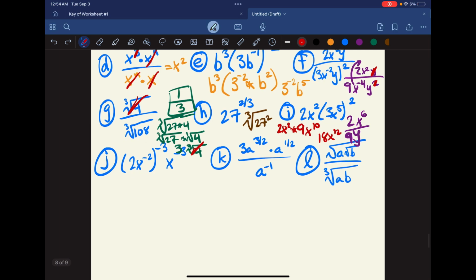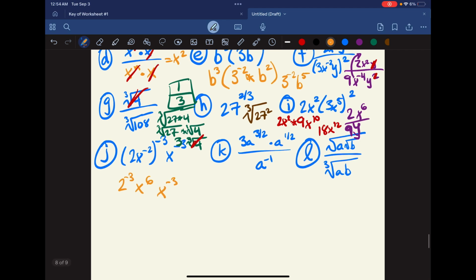Okay, so now here, you can hardly see it, but this is going to be 2x to the negative 2, all to the negative 3, times x to the negative 3. So we've got 2 to the negative 3, and then x to the 6th, because exponents outside the exponent become multiplication within, and negative 2 times negative 3 is 6, and then it's all times x to the negative 3.